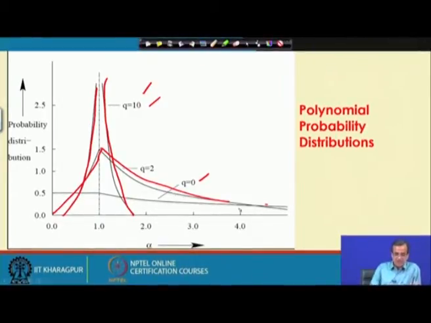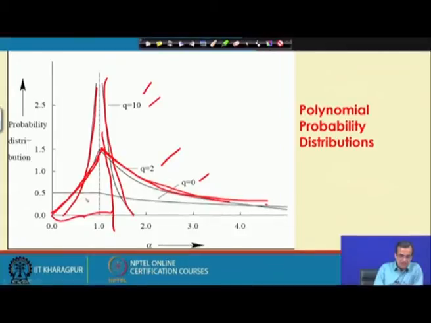Now, the way this particular polynomial distribution has been selected, there is a philosophy. That is as follows. Let me consider a particular value for this q. Let me consider q equal to 2. So, this is the distribution for q equal to 2, and up to this we have the contracting zone. Here the function is C alpha and here it is E x alpha.